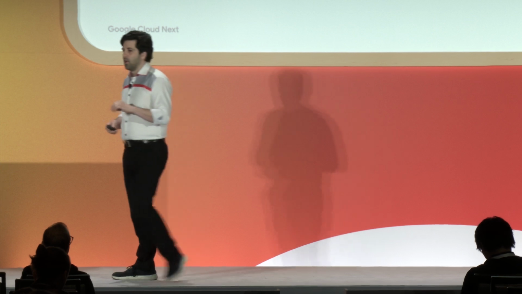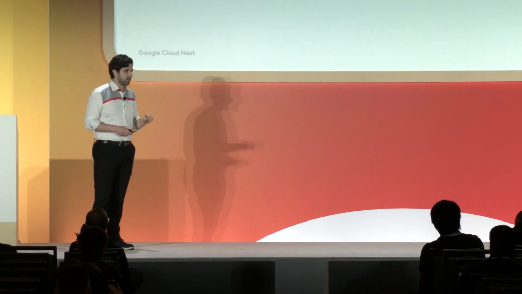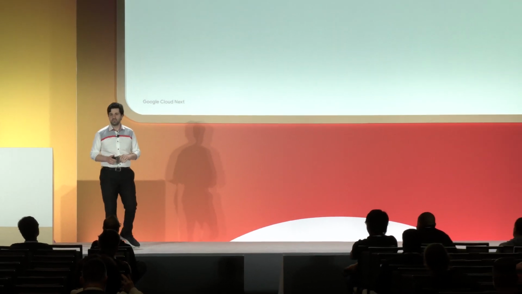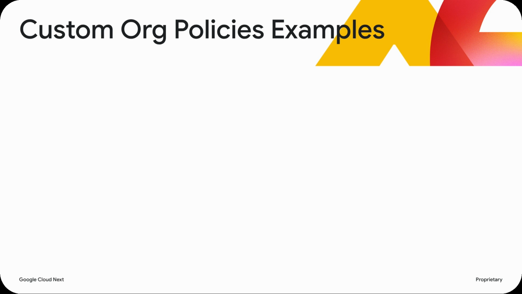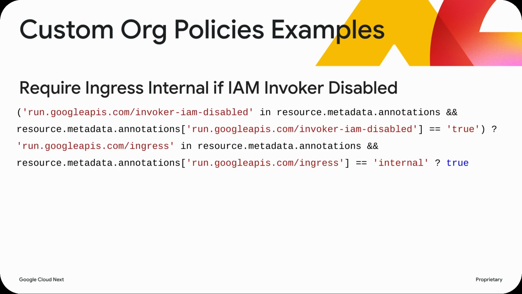I want to show a few examples of the power of custom org policies. Org policies are defined using the Common Expression Language, or CEL, which enables unique and powerful constraints. OK, bear with me. I'm about to show you a wall of text, but I think this will help show the power and flexibility of custom org policies. Here we go.